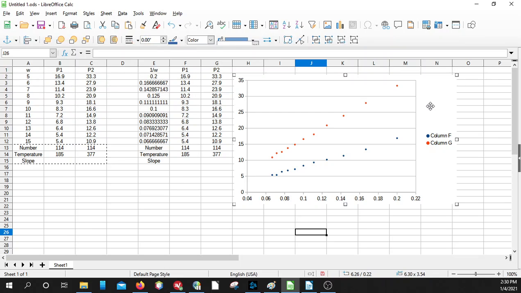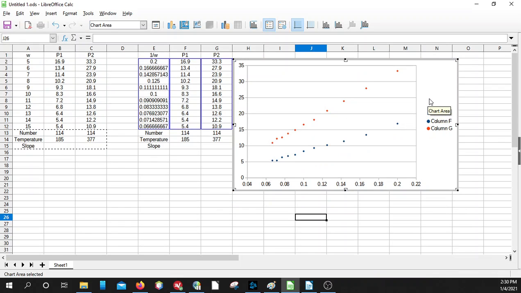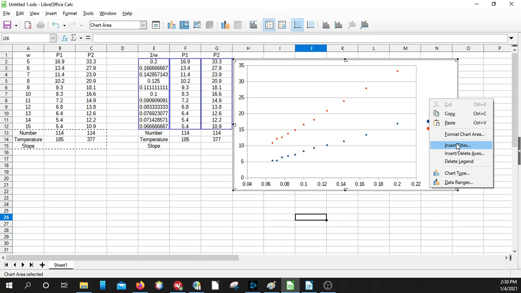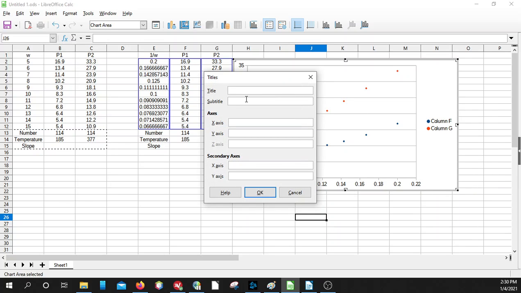And of course, very important, let's insert titles. Now this one, we're plotting the same data just in a different way. So I'm actually going to give this the same name for the subtitle. I think what we had before was isothermal expansion with this number of particles.